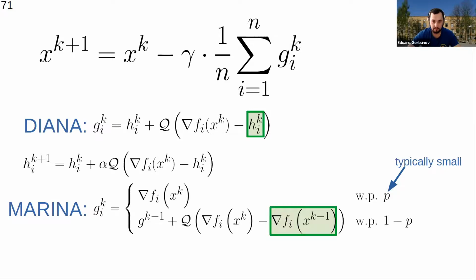So to equalize these things, we need to choose p equals zeta over d, probably with some constant. In this case, the cost of communicating this or this, on average, will be the same as the cost of communicating just the compressed gradient difference, but with some numerical factor like 2 or smaller than 2.